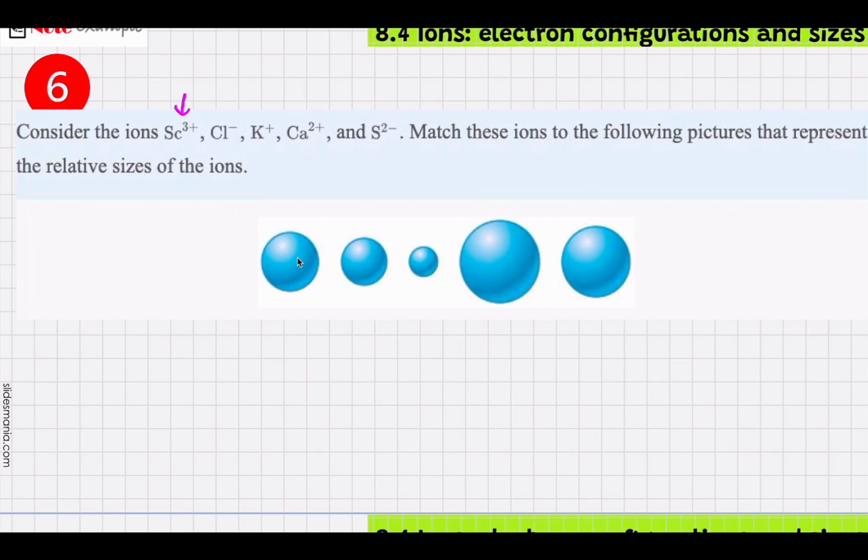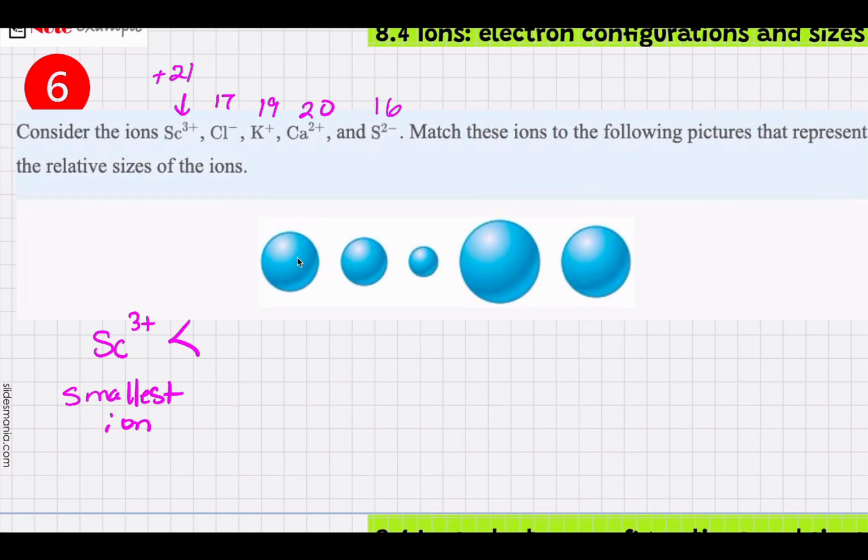I know that scandium is plus 21. That's the number of protons. Chlorine is 17. Potassium is 19. Calcium is 20. And sulfur is 16. So based on that, you would assume that the scandium is going to be the smallest ion because it has the greatest positive pull.